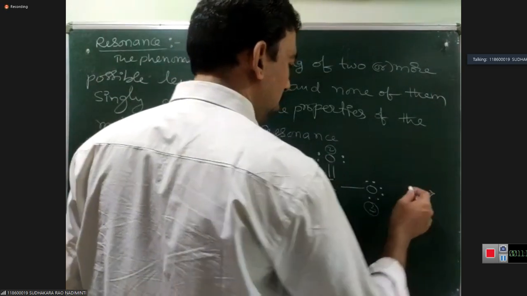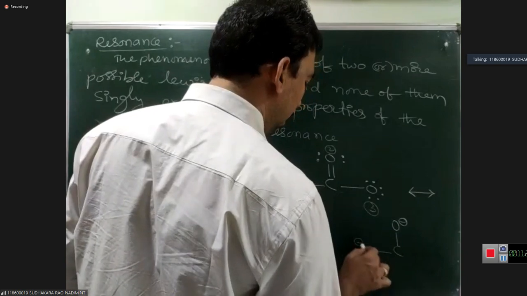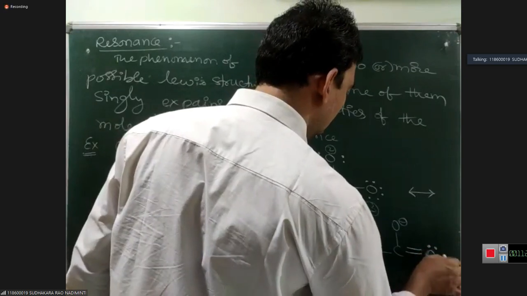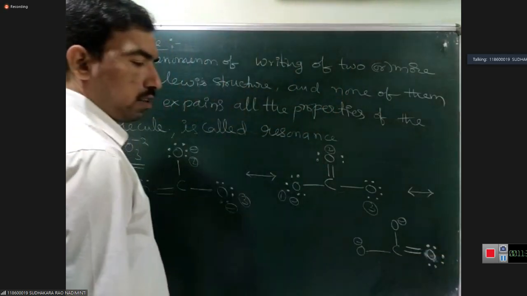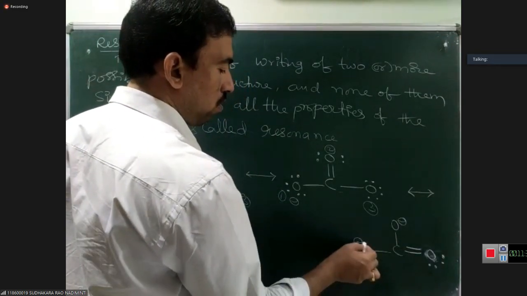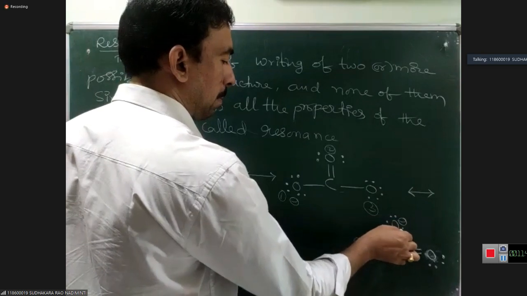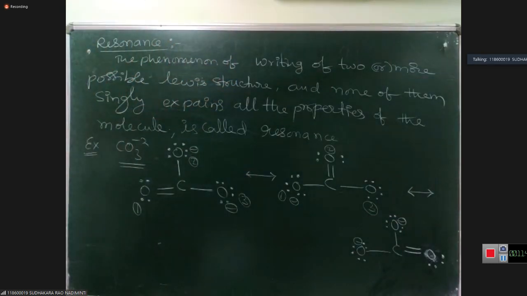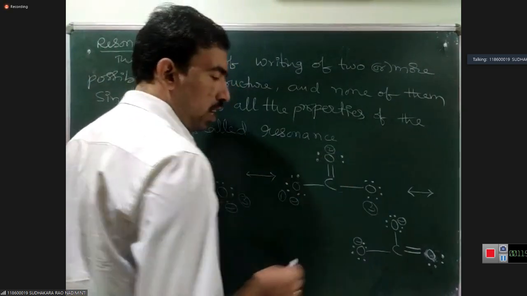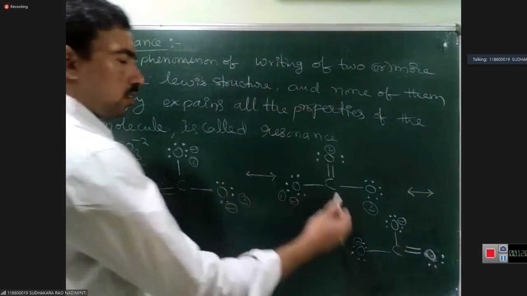Like this. So totally how many have I written? First time the double bond is at the first oxygen, second time at the second oxygen, third time at the third oxygen. So I was able to write totally 3 structures.